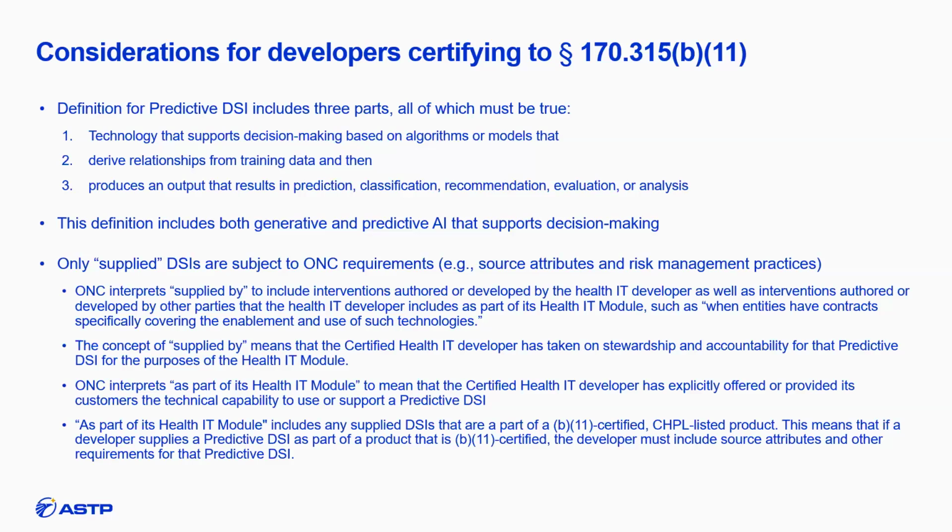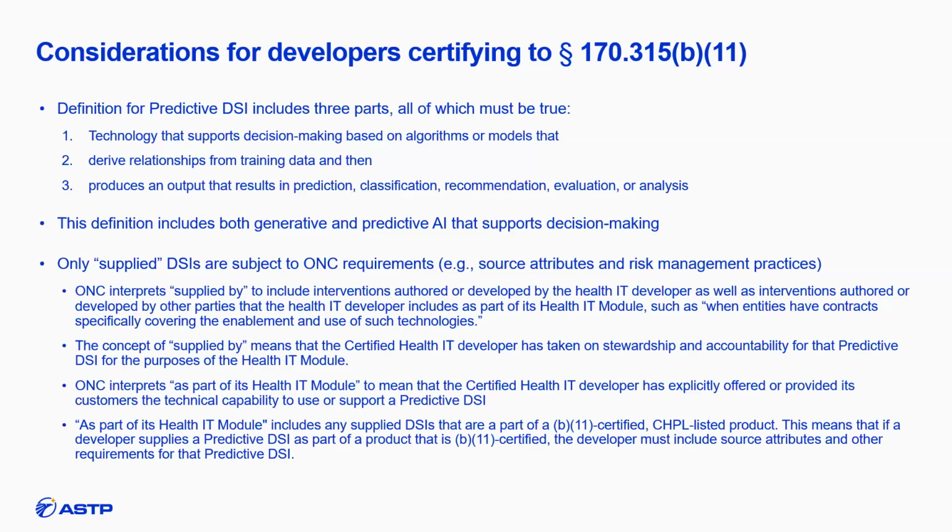We interpret "as part of its health IT module" to mean that the certified health IT developer has explicitly offered or provided its customers the technical capability to use or support a predictive DSI. And then importantly, we say that "as part of its health IT module" includes any supplied DSI that are part of a B11 certified CHPL listed product.